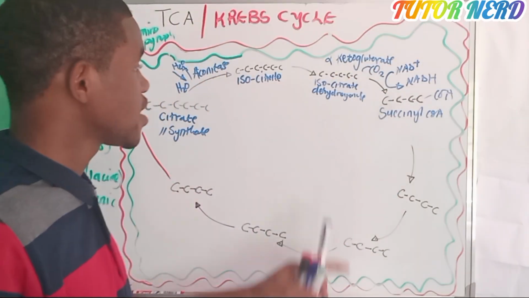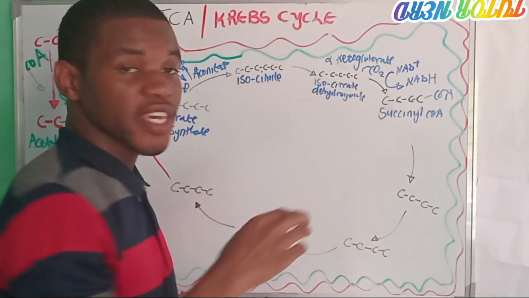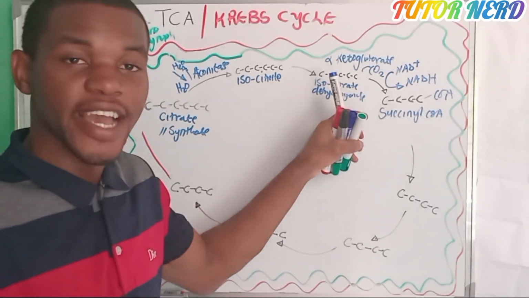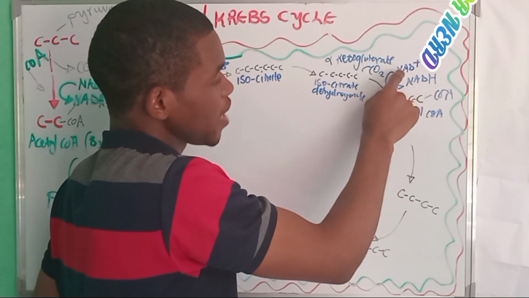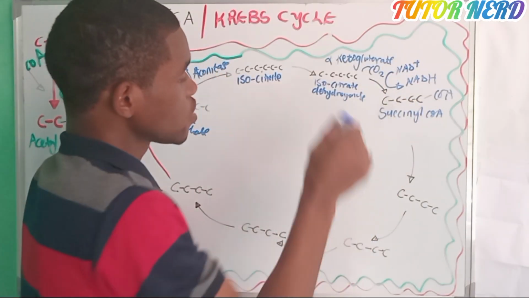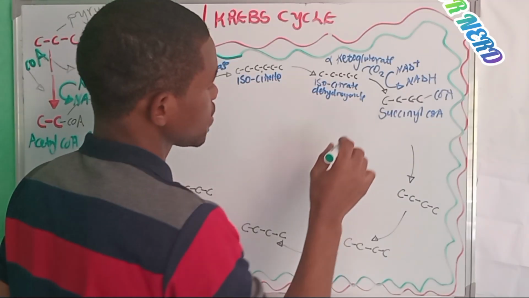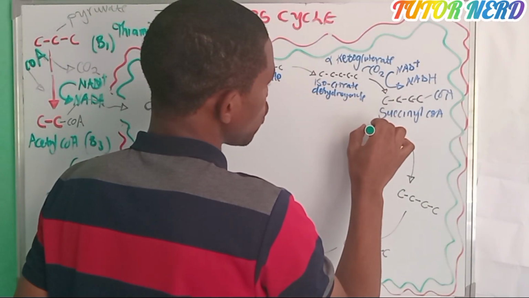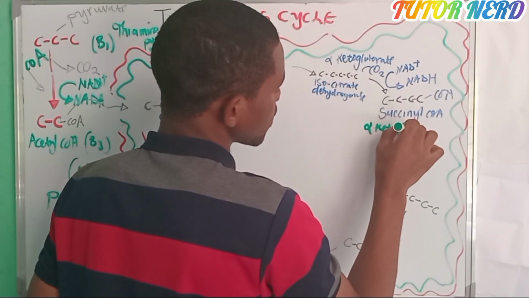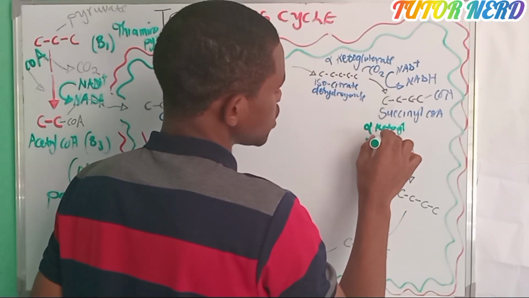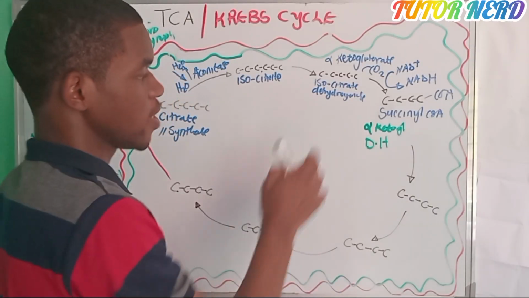No wonder we are using alpha-ketoglutarate dehydrogenase. The moment you hear dehydrogenase, we are also producing NADH from NAD plus. So the enzyme that was used there was alpha-ketoglutarate dehydrogenase.